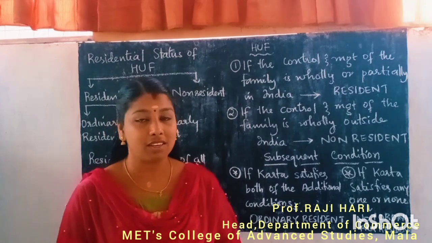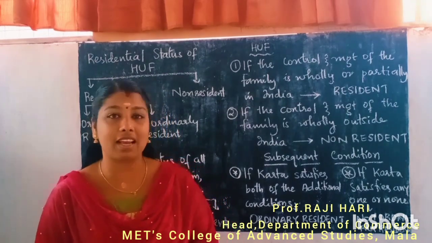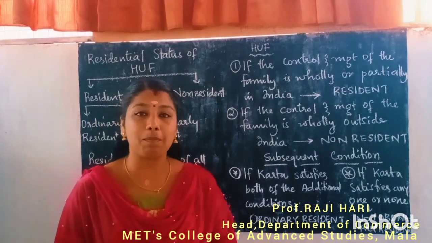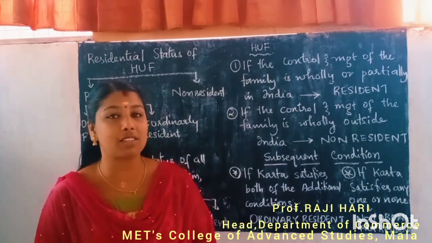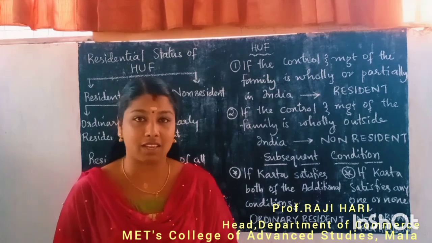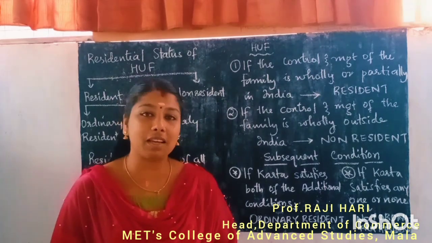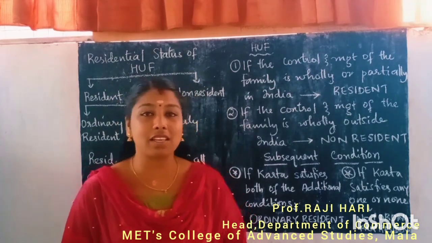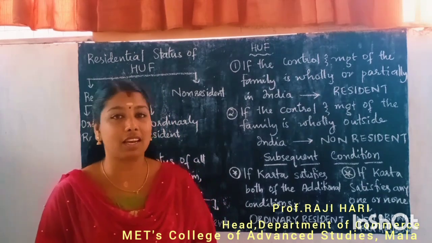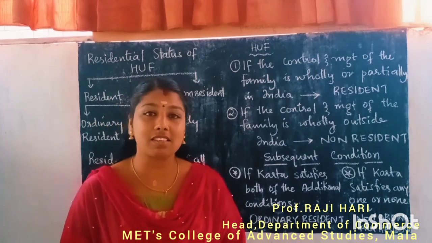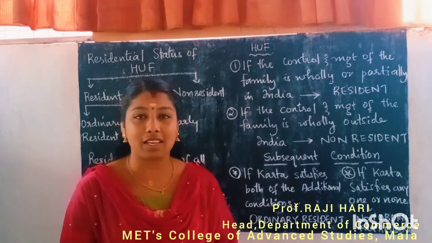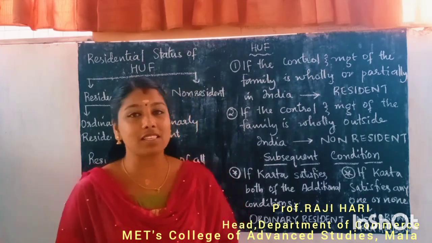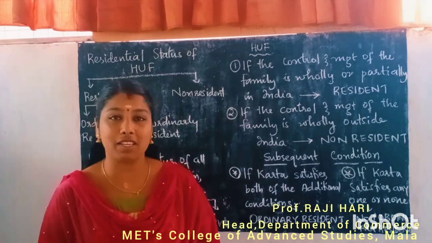The first basic condition is that he was in India for a period or periods aggregating 182 days or more during the previous year. Or the second basic condition is he was in India for a period or periods aggregating in all 365 days or more out of 4 years immediately preceding the previous year and 60 days or more during the previous year.